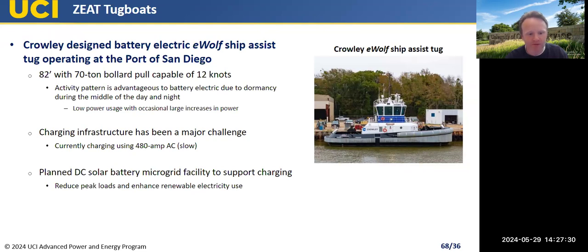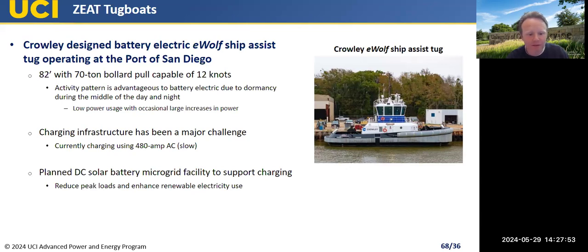And one example of this, a really nice example, is the E-Wolf in the Port of San Diego that was developed by Crowley. One of the reasons why this makes a lot of sense is that its activity pattern essentially is activity in the morning, followed by some downtime, and then some activity in the evening. So you're given this nice opportunity to charge during the day and at night.